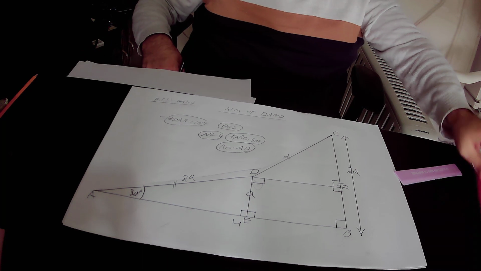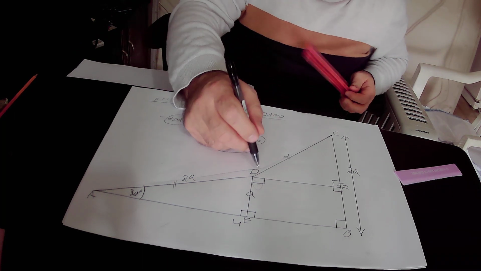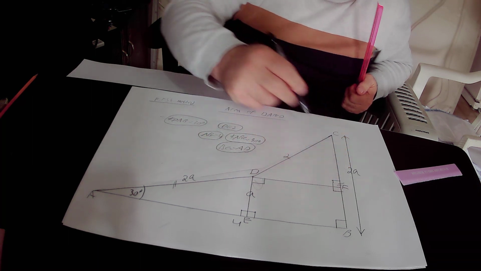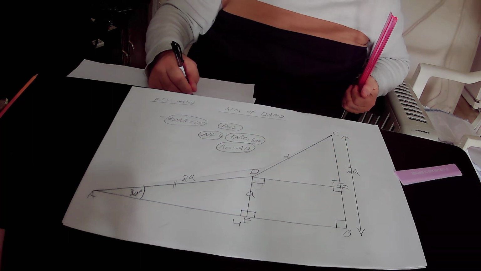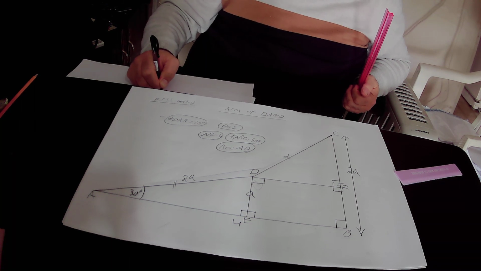That is to say, according to rule number 3, DE equals FB. DE equals FB. That is according to this rule.